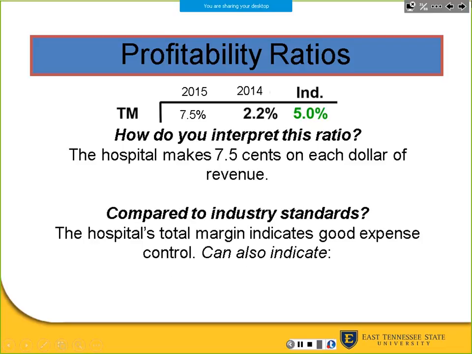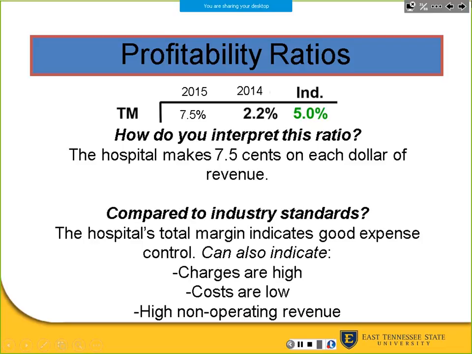So we did a really good job at controlling expenses, but it can also tell us that maybe our charges are too high, our costs are too low, our expenses are too low, which I don't know why you would complain about your costs being too low. So it can indicate a couple other things, and then high non-operating revenue. As part of that total revenue, we took revenue plus our non-operating income. So it could be that we're not bringing in a lot of revenue, but we're supplementing it with what we're bringing in terms of non-operating income.